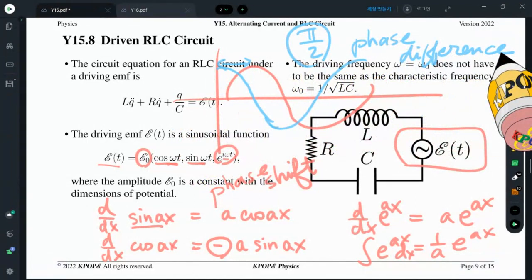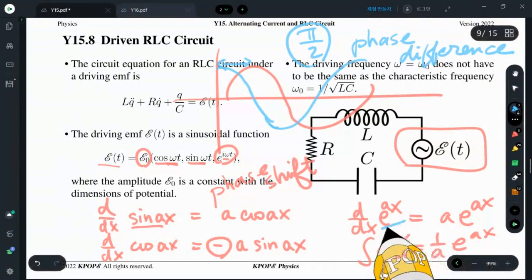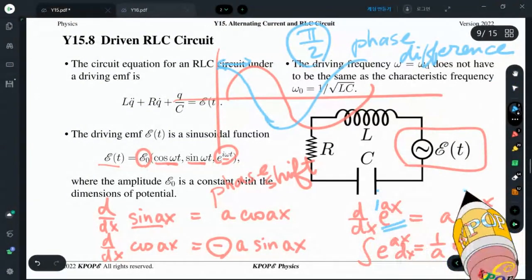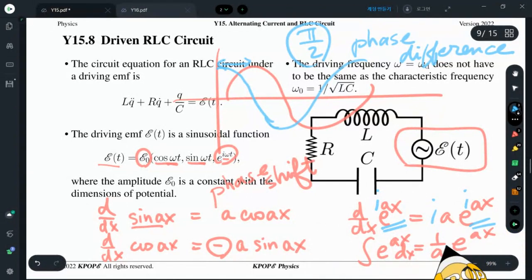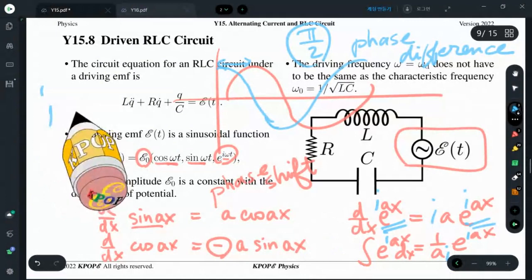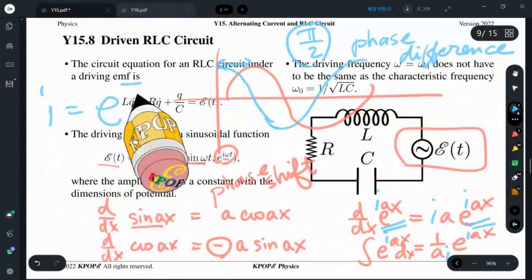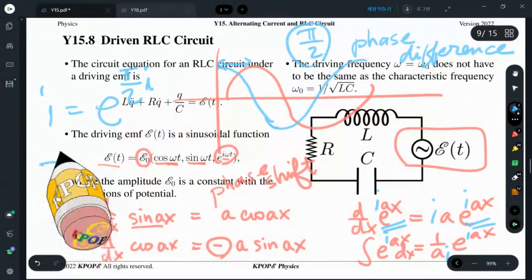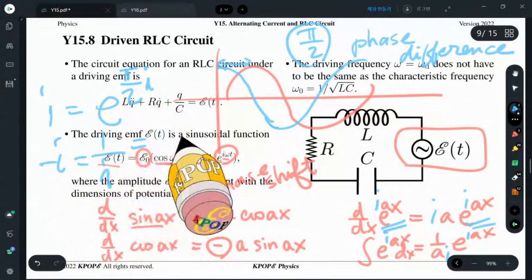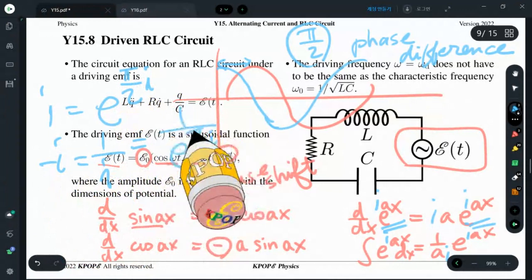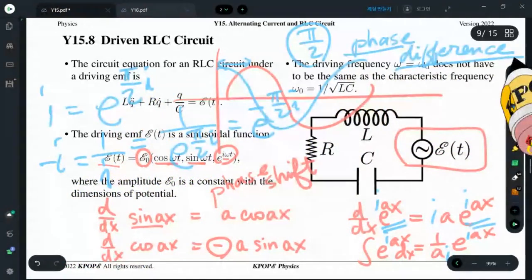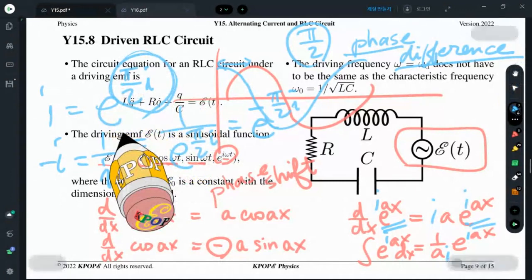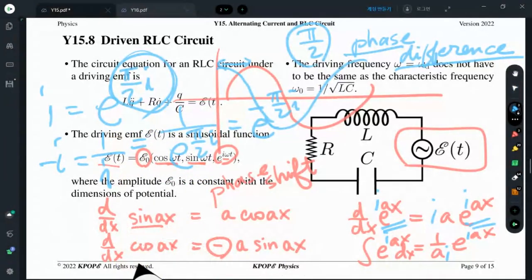sine and cosine. However, if we deal with an exponential function by attaching I, then the derivative will bring in a factor of I in the numerator or denominator, and this I is always expressed in terms of half of pi: I minus I, that is 1 over I, that is 1 over e to the half of pi I, that is e to the minus half of pi I. So to deal with the phase difference, the exponential function is much simpler than dealing with sine or cosine.